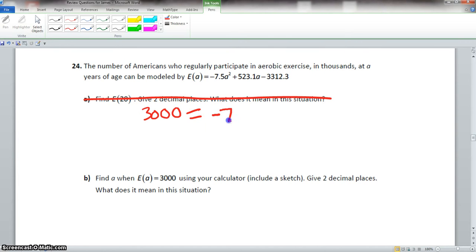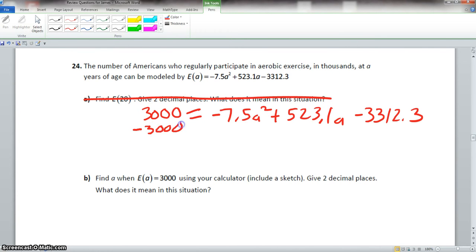And it equals negative 7.5a squared plus 523.1a minus 3,312.3. Now we want to get all of these numbers and variables on one side. So we could subtract 3,000 on both sides.